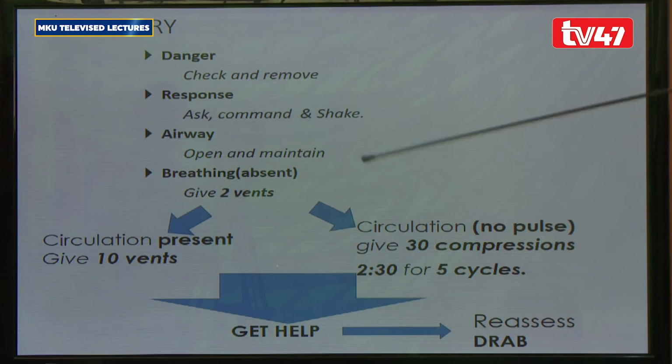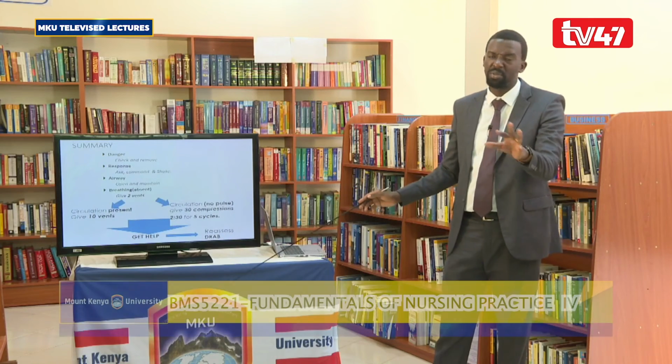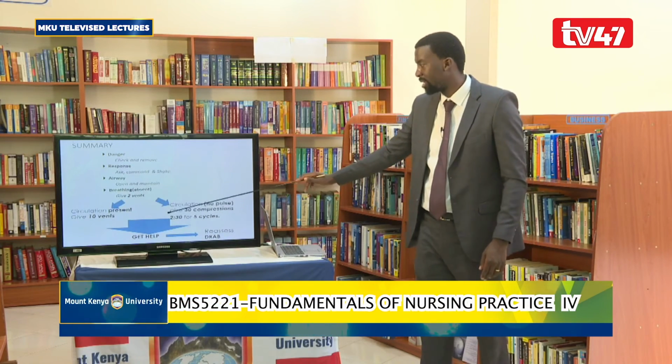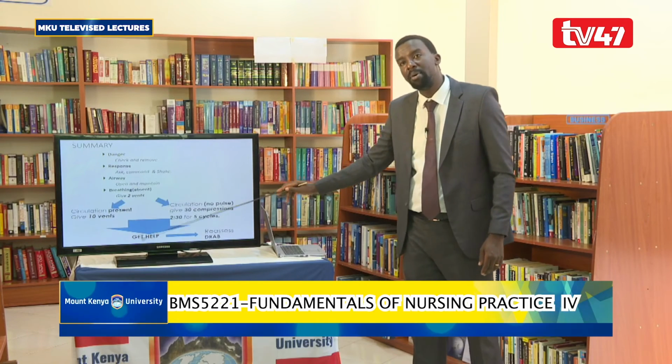In absence, again, of breathing, with no circulation, no cardiac activity, 30 compressions with 2 ventilations, remember, for about 5 cycles, 2 minutes to 2.5 minutes. And remember to call for help.